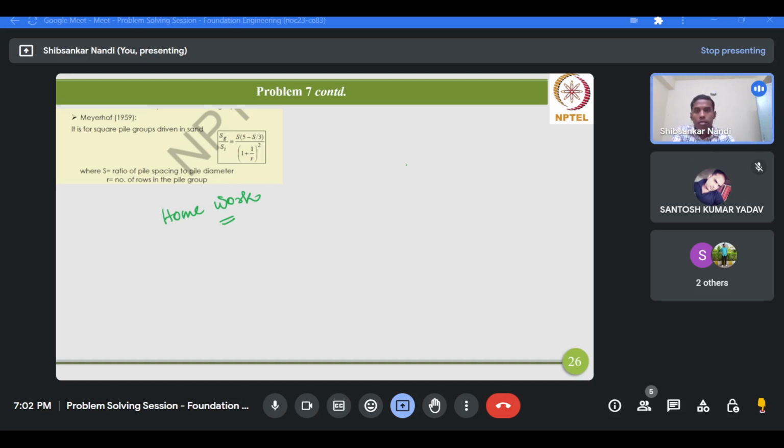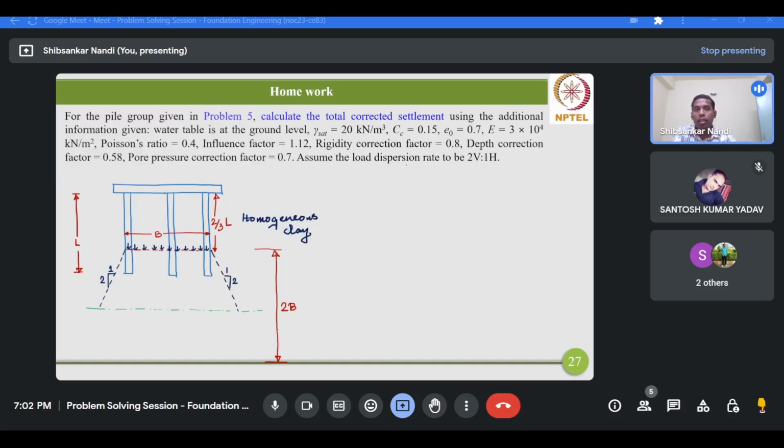Now we'll end this session by taking one more problem. This is in relation to problem 5. For the pile group given in problem 5, calculate the total corrected settlement using the additional information given below. Water table is at the ground level. The saturated unit weight is 20 kN per meter cube.